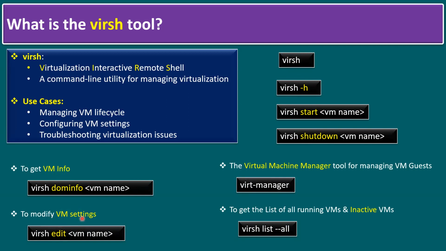To modify VM settings, scale up and scale down, we use the command virsh edit VM name. For the virtual machine manager graphical wizard, we use the command virt-manager. To list all the virtual machines, we use the command virsh list --all. So this is the overall view for the modification of virtual machine memory, scale up and scale down method.